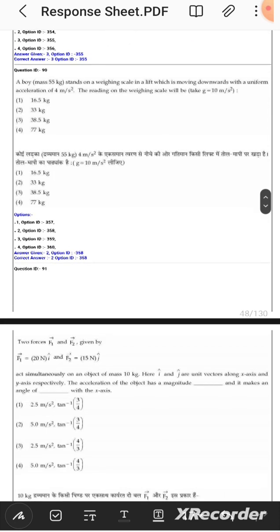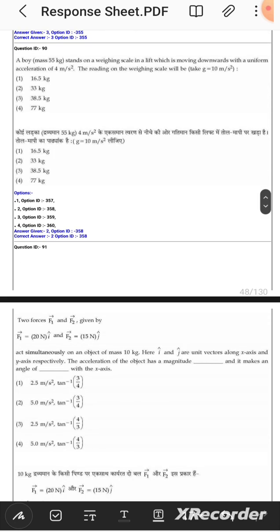The next one, question number 90. The original mass of the boy is 55 kg, and the boy is standing on a weighing scale in a lift which is moving downwards. If the lift is moving downwards, the normal reaction will be m into (g minus a).